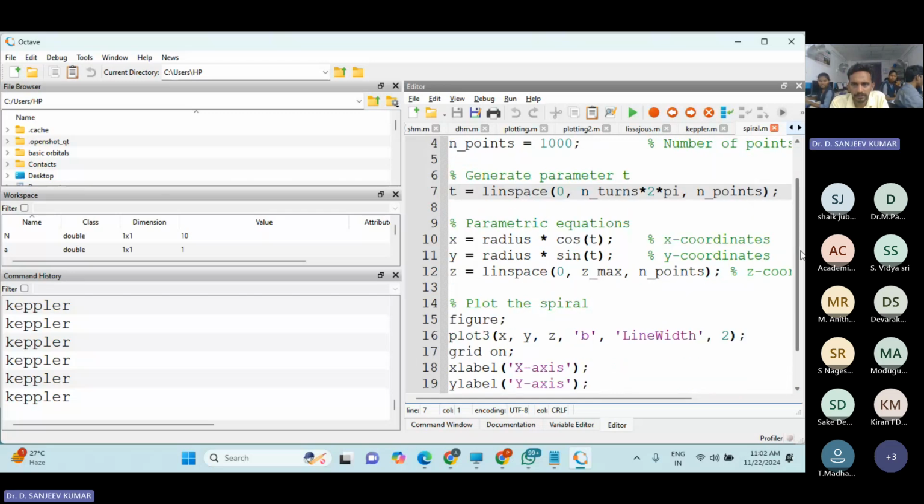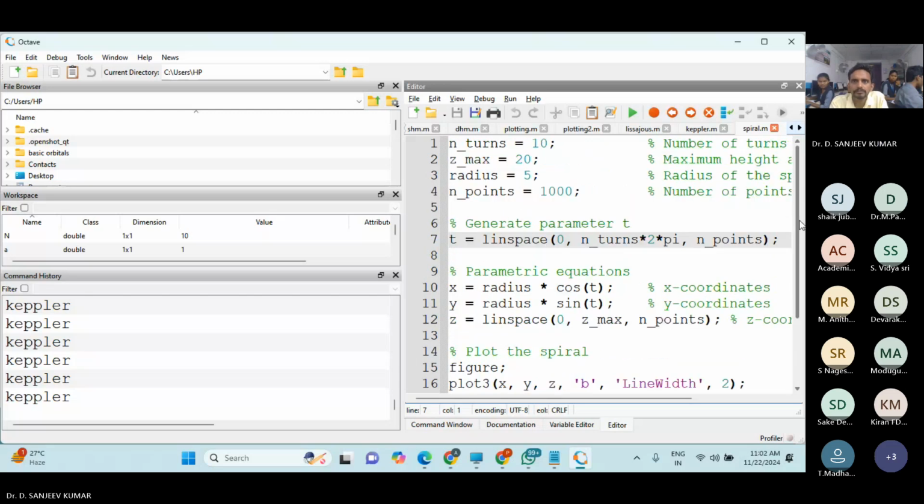So here we come across a 3D plot. So I try to plot a spiral. So this program is generated by ChatGPT. Simple program. Line 13. Go for next one. Next one.